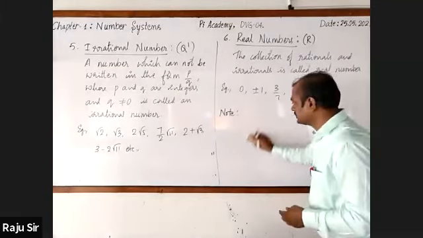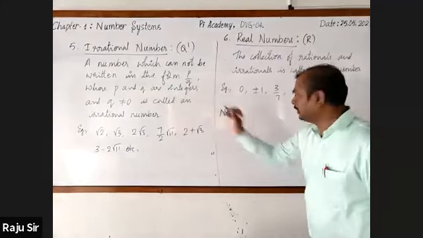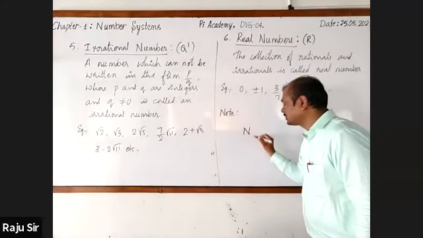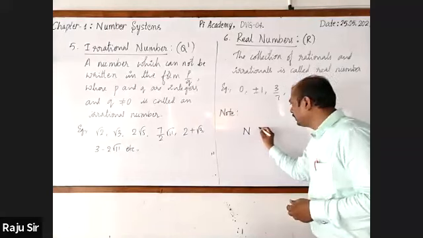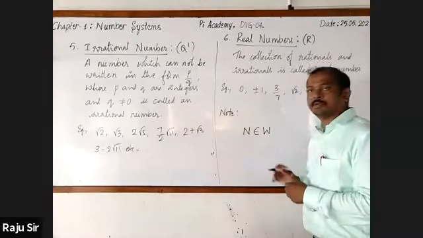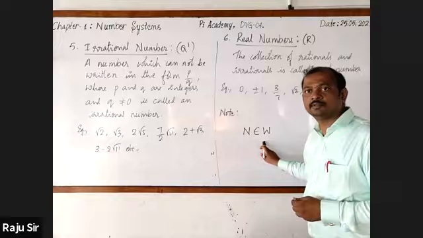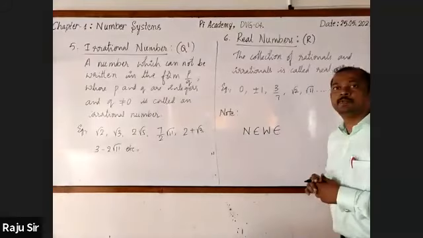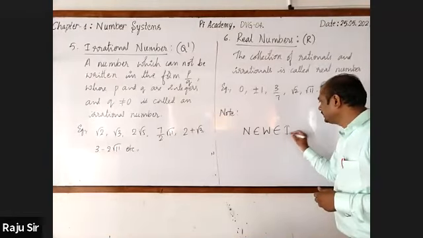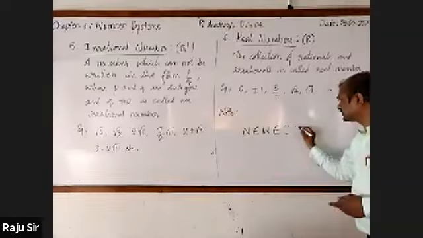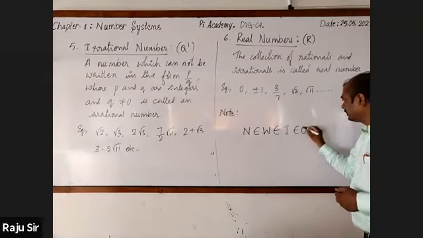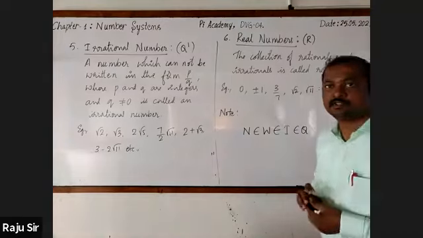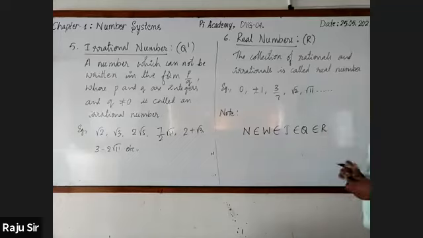Don't write anything. Just look at them. We all know that all natural numbers belong to whole numbers. Can we write so? Yes, sir. All whole numbers belong to integers. All integers belong to rationals. Rationals belong to the reals.